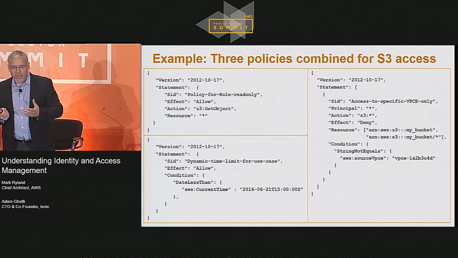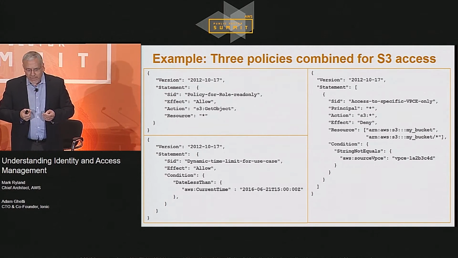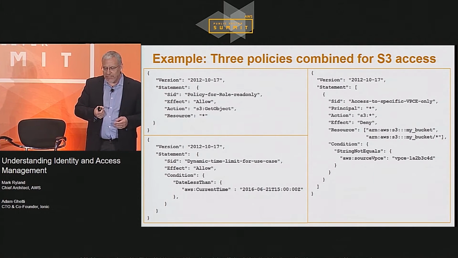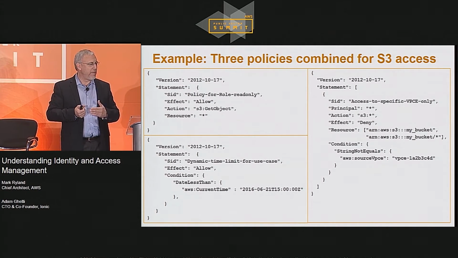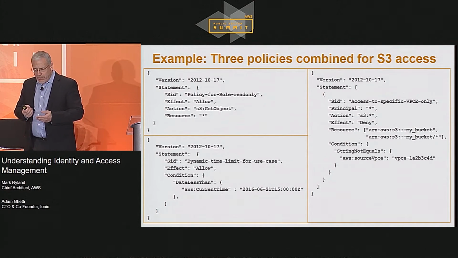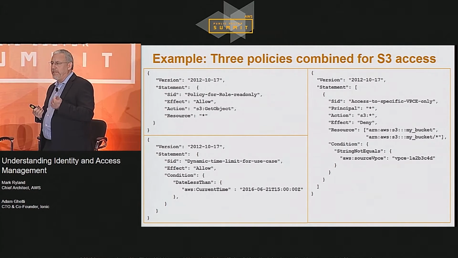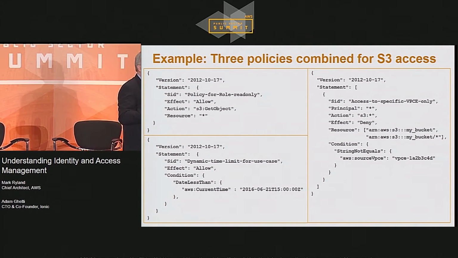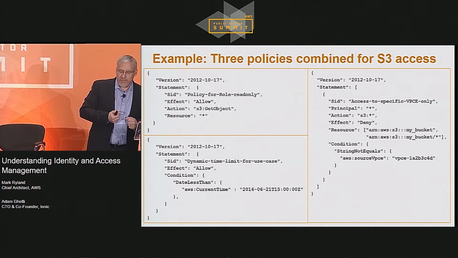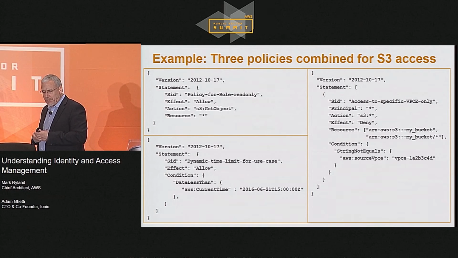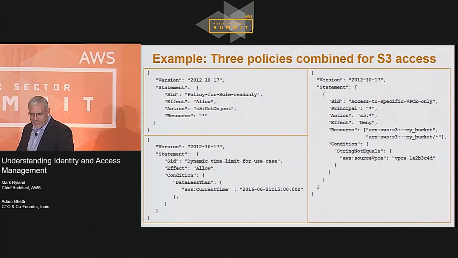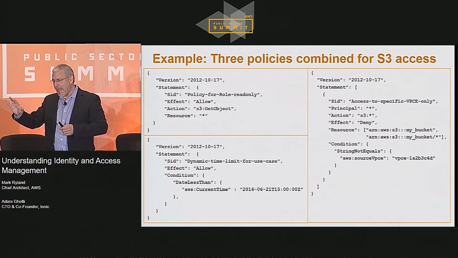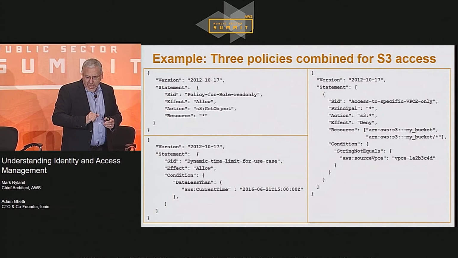So for example, S3 access, the policy on the upper left is a role policy, which says allow a principal in this role to do one API call, get object. It can do it on any resource in the system, that's the star, but that's the one API the principal is allowed to call. On the right side, there's a resource policy that S3 has, which says, I don't care about the principal.